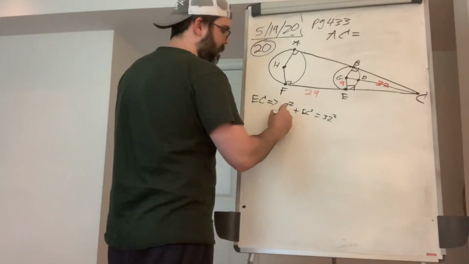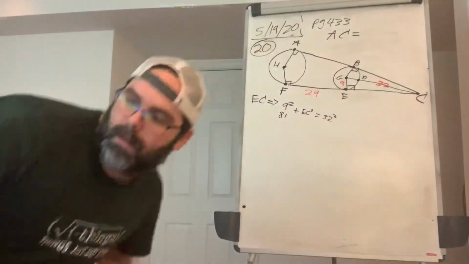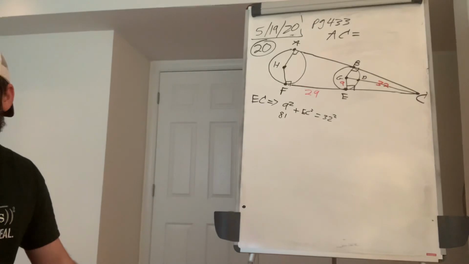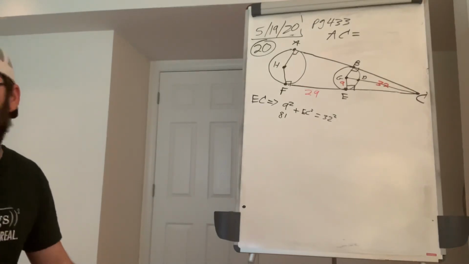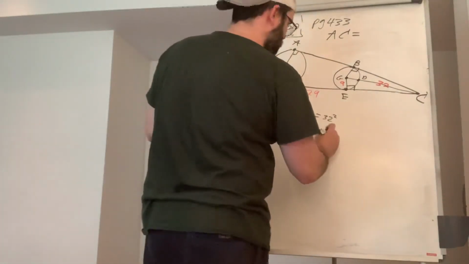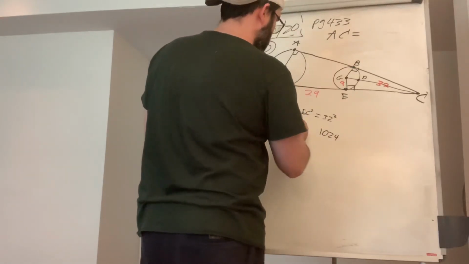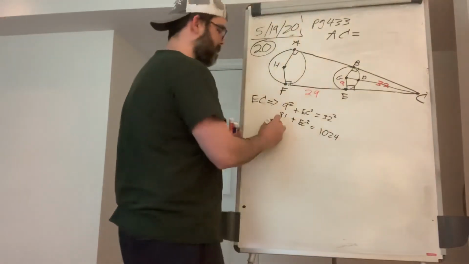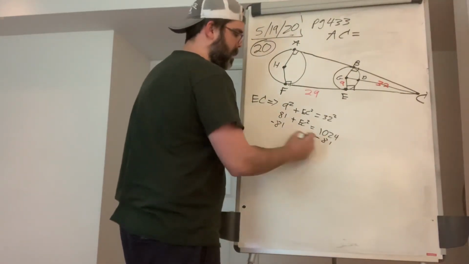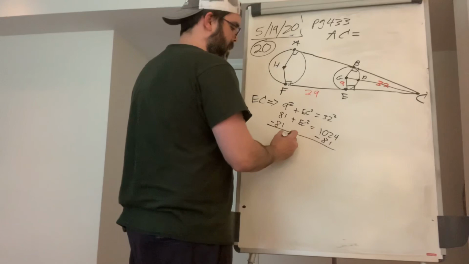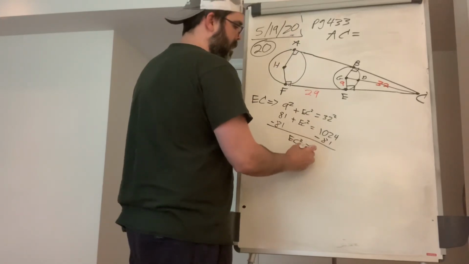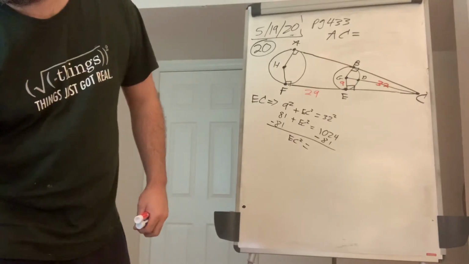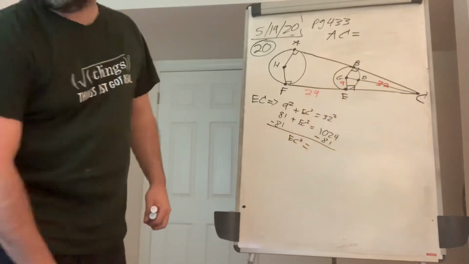And we're going to get 81, and 32 squared is 1024. We're going to subtract 81, and we're going to get EC squared equals 943.